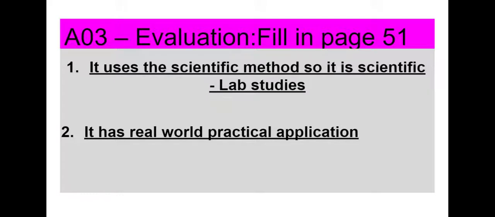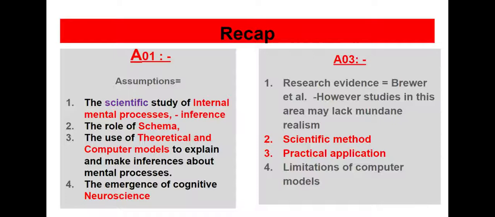Okay, so let's have a little recap. For your AO1, you've got 4 assumptions and you have to know each of those assumptions. With your AO3, you only really need 3 to 4 points.